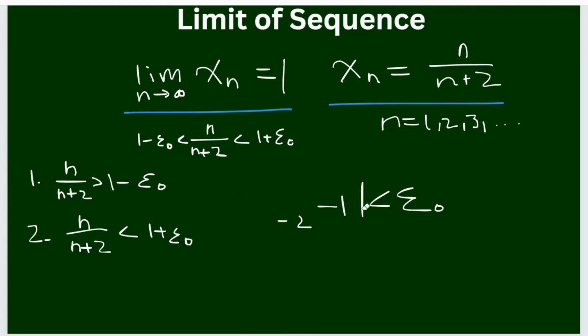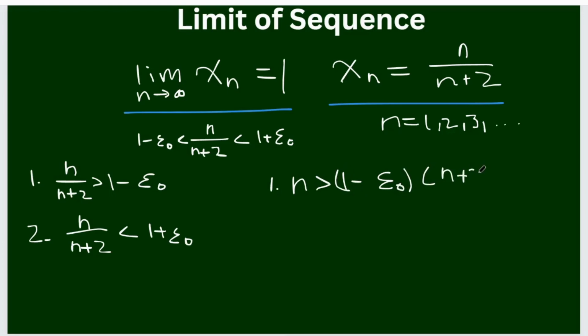Solving for part 1, we can multiply n plus 2 on both sides, so that n is greater than 1 minus epsilon 0 times n plus 2. Multiplying, we get n plus 2 minus epsilon 0 times n minus 2 epsilon 0.